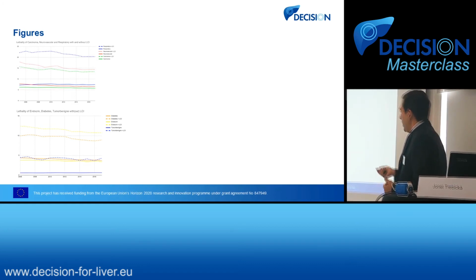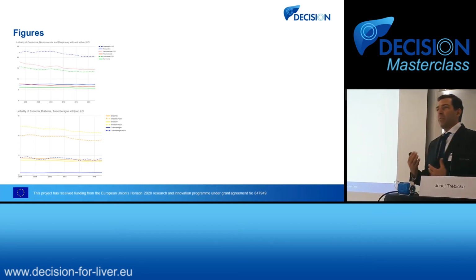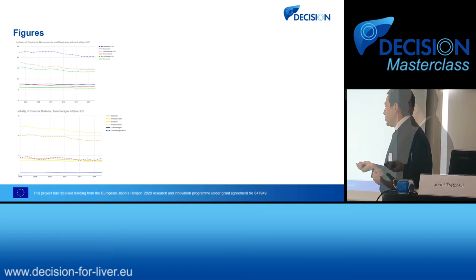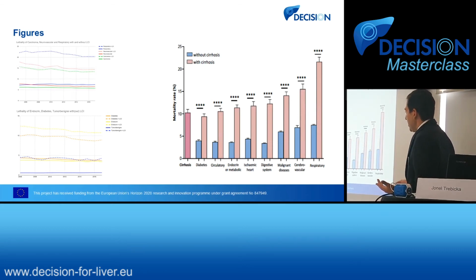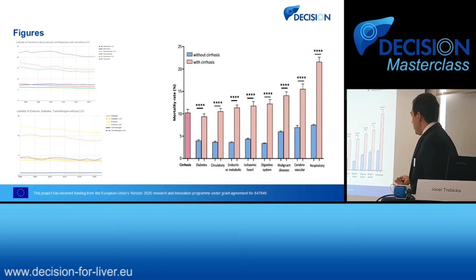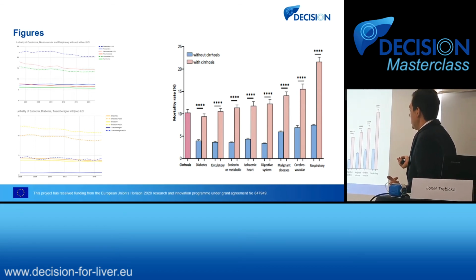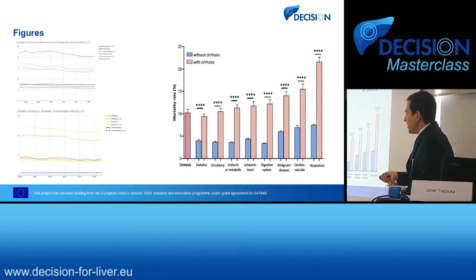And indeed, when we saw this first, we were discussing how we can improve it. We have here the timeline, but in the end, when we have such a graph where we put mortality rate with cirrhosis, without cirrhosis, and the different mortalities, then the main message is if you have cirrhosis as a comorbidity, it goes up. So mortality increases. And this is also the message here.